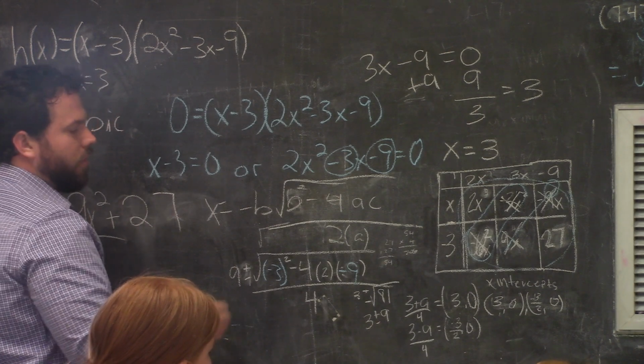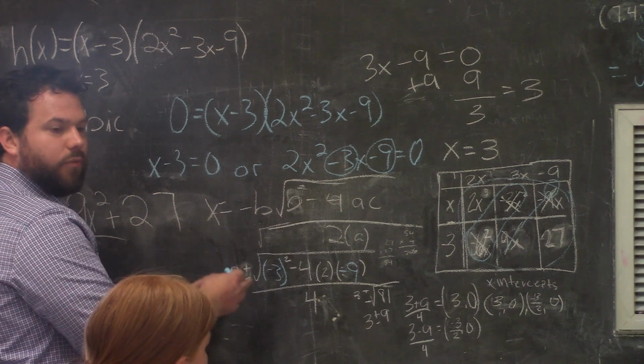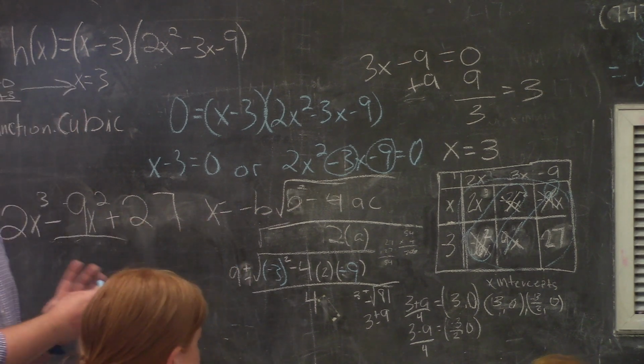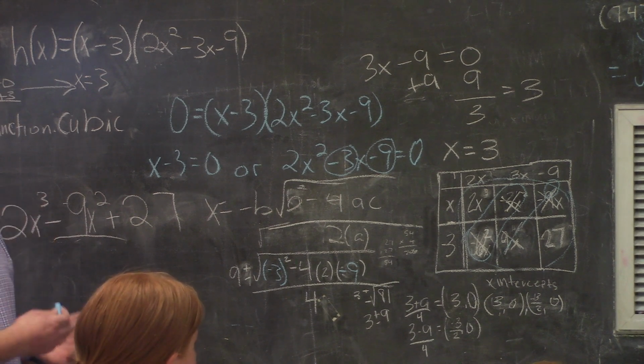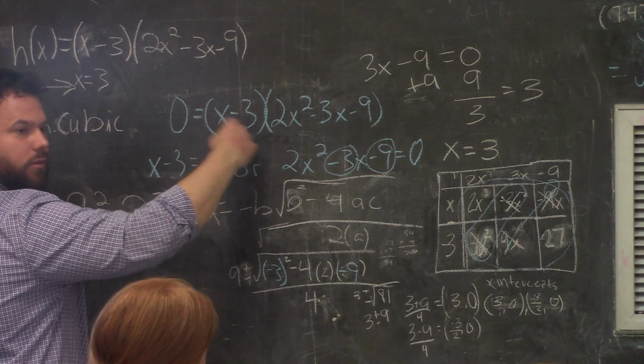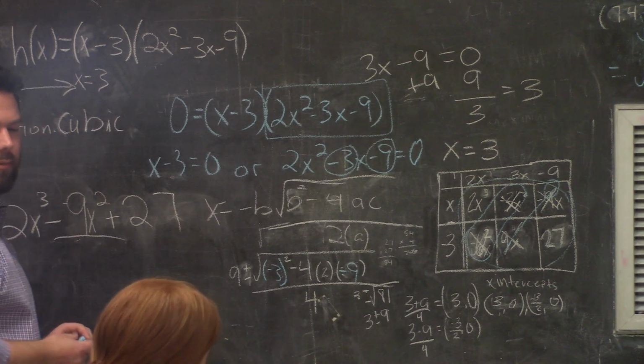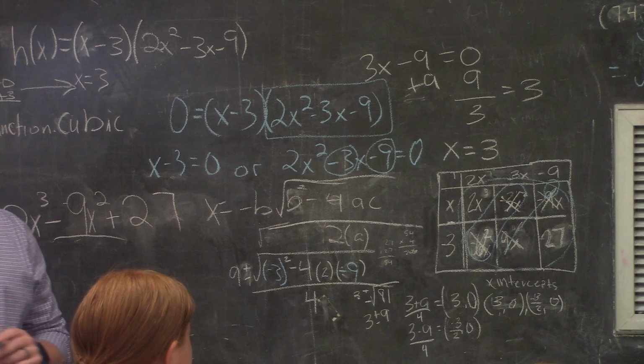Okay, but remember, this is what formula? Quadratic formula. This formula only works with what type of function? A quadratic function, right? So remember, you could have already found the 0 from x minus 3. You just had to find the zeros from this quadratic. Does that make sense? So be careful with that.